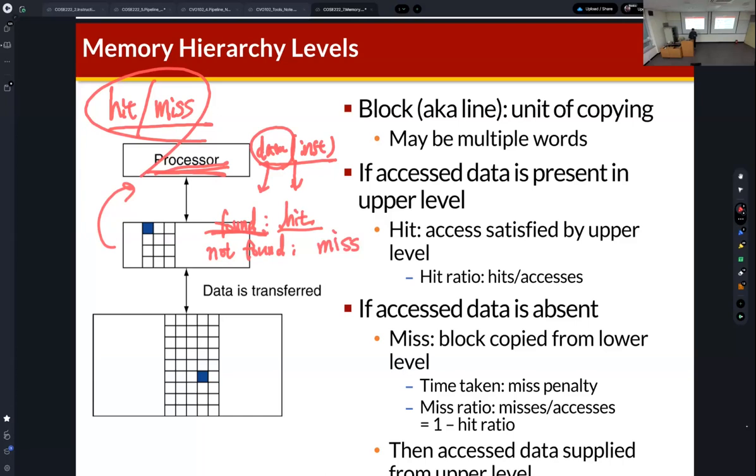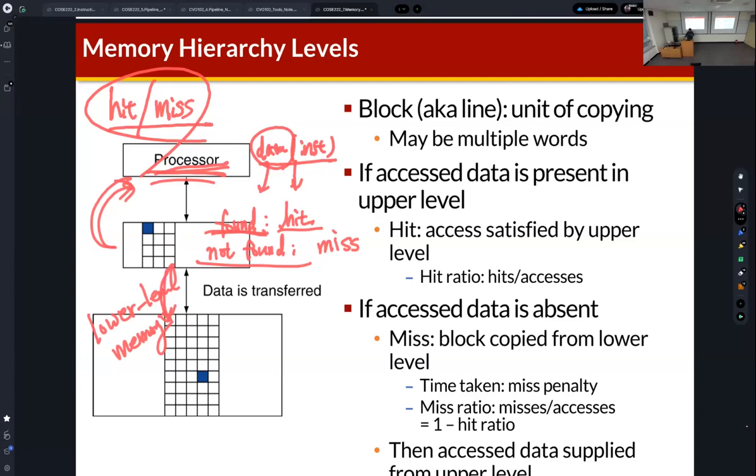In the hit case, the data is provided to the processor from the high level memory. But if data is not found, then the request is given to the lower level memory, because the size of the lower level memory is larger than the size of the higher level memory.